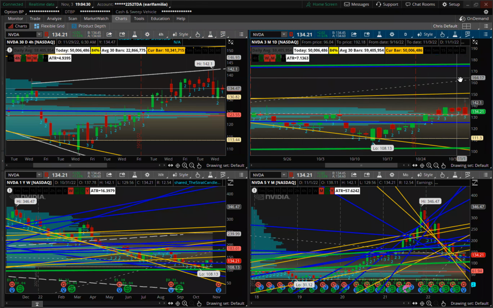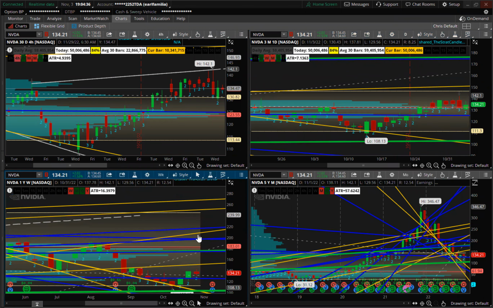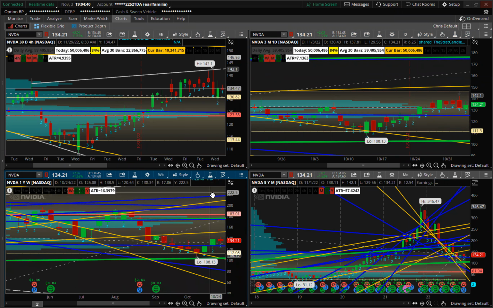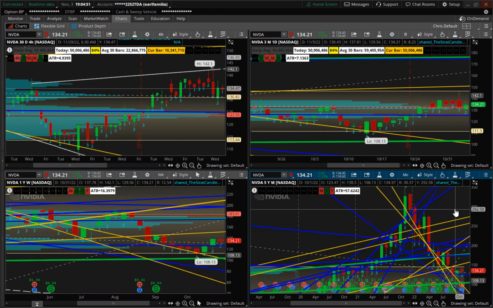We got these 3-2-2s setting up, man, but they don't look the strongest. Just based on what I saw today, a lot of those setups failed or they died right before they triggered. Looks like a failed 2 up on the week on NVIDIA as well. Looks like a failed 2 up on the month. You know, it's only the 3rd, but yeah.